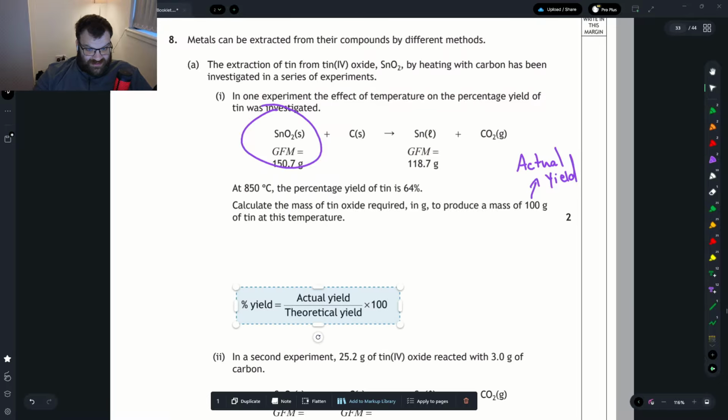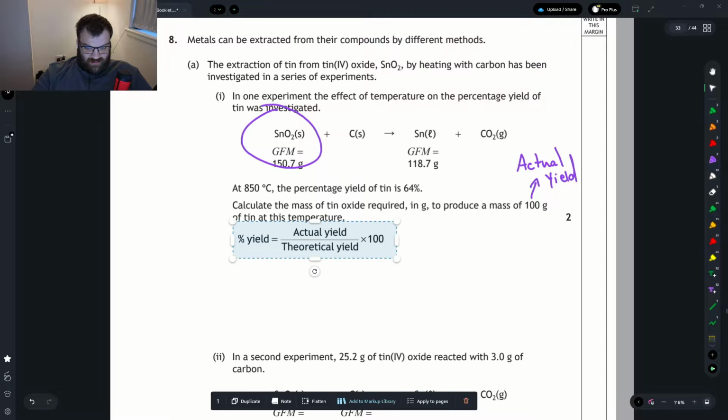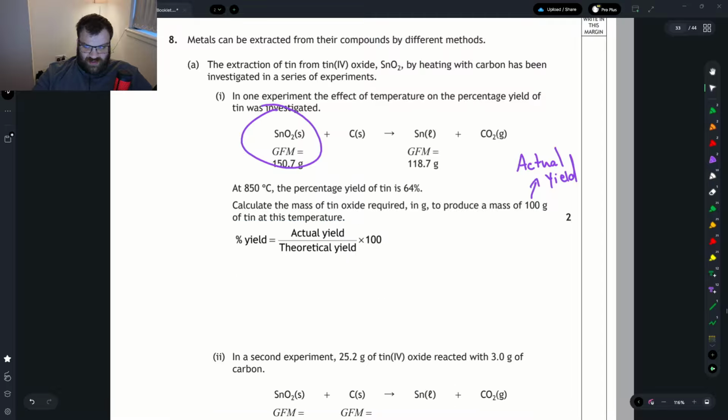So again, this is a new way. We are going to have to rearrange this, but we're going to do it in a bit of a different way, I would say. So it's producing 100 grams of tin. That's the actual. We want to work out the theoretical. Let's do a bit of moving around. The theoretical would come over to the left hand side, and that's going to equal the actual divided by the percentage yield times by 100.